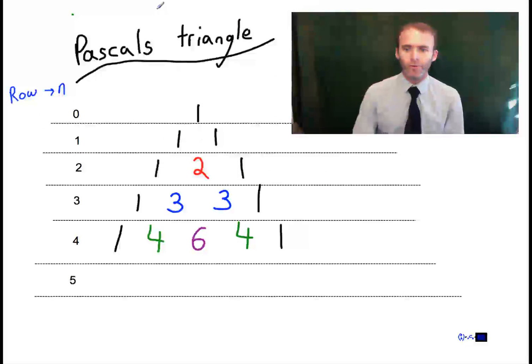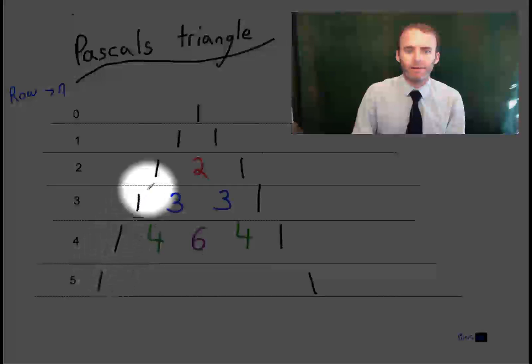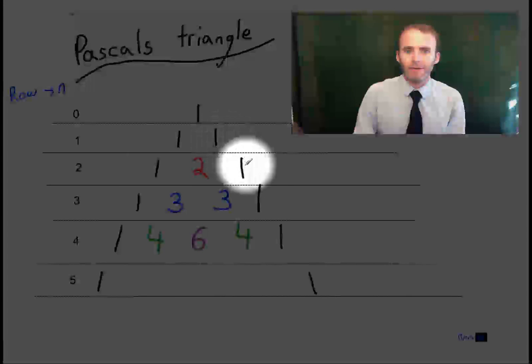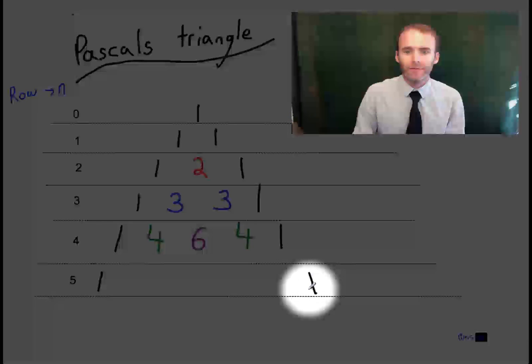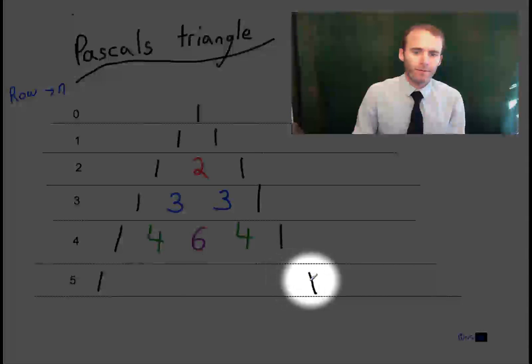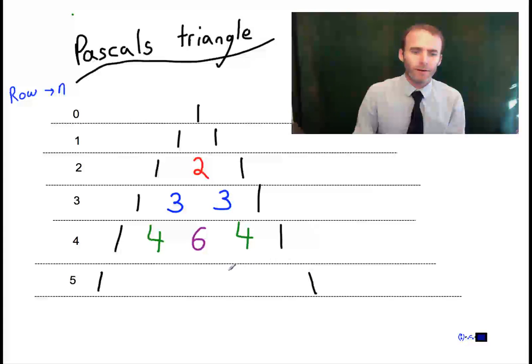Okay, so I hope that you figured it out, and you can see it makes a triangle with the outside edges. All of these outside edges right here are 1s. The same thing for this 5th row, it's a 1.